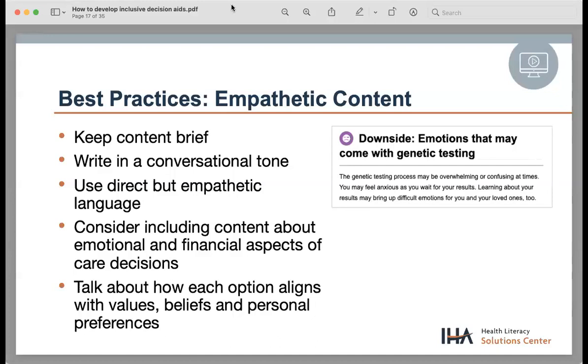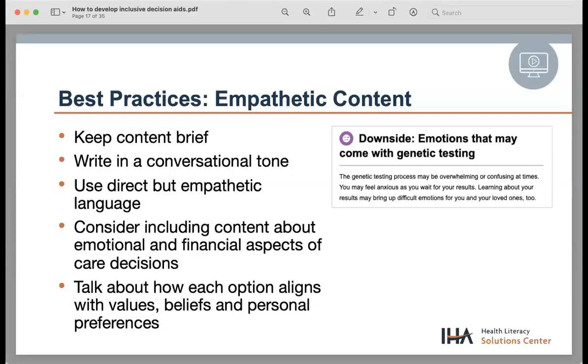And for the financial aspects, it may be helpful. I know with the way that our US healthcare system works, it's not always possible to give people a detailed perspective on how much a certain treatment option will cost or what they can expect. But it can be helpful to give just a general idea if something is quite expensive by anyone's standards, or is rarely covered by insurance, or it's something that you might need to advocate with your healthcare or health insurance provider to get.